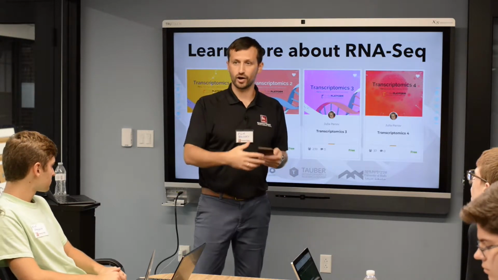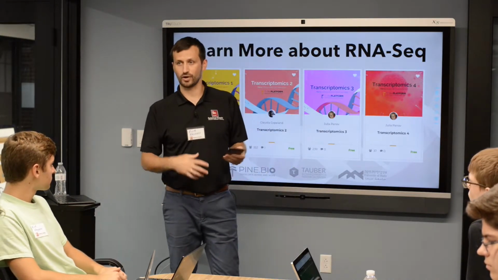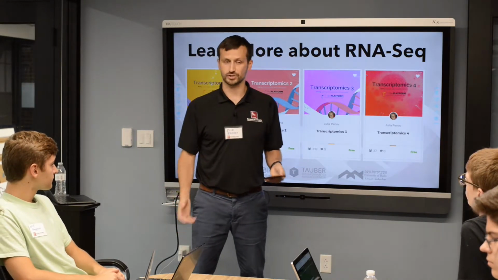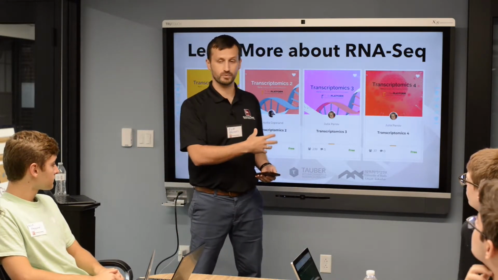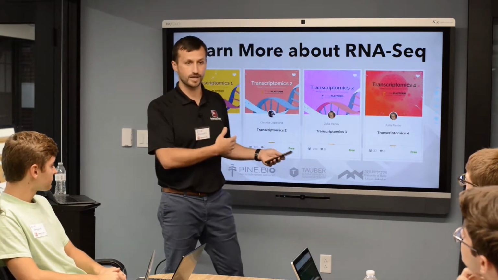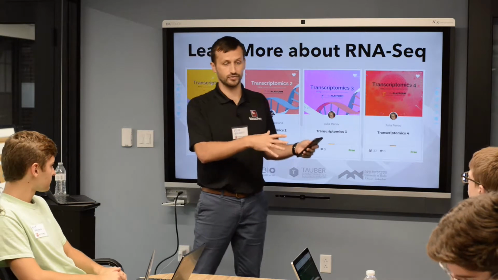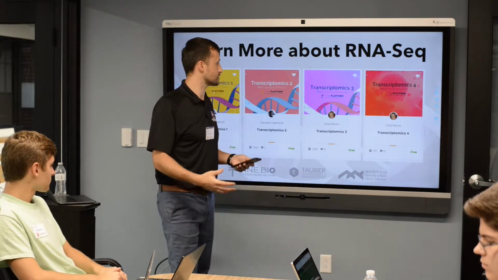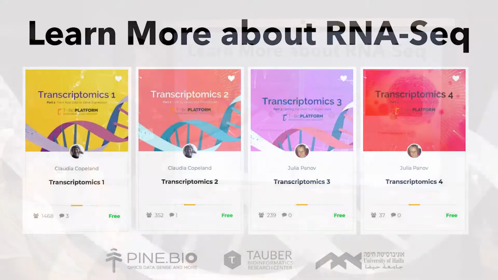What if you have a lot of different variation? You have 25 different groups, and they all have their own pattern of expression. Now that becomes difficult, and that's where machine learning can really help, which is a bunch of algorithms that apply statistical understanding of data so that we can train a model, and then it can help us understand something about what we see. And like I said, transcriptomics 4 talks about single cell, right?